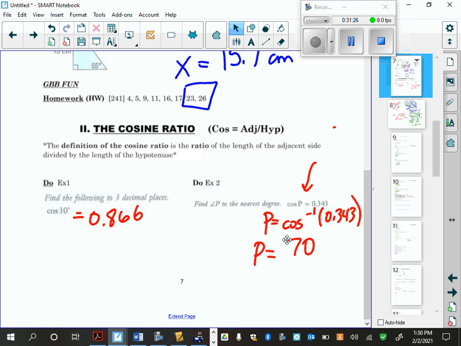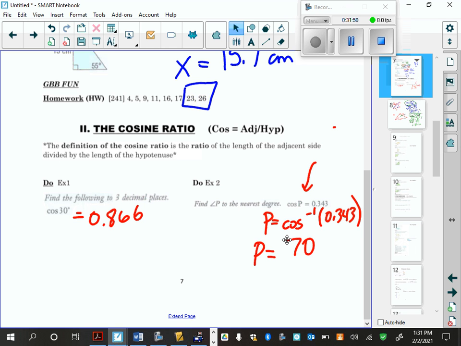All right, let's go to the next page. Come on, gals. Hurry up and write that down. If you didn't do it, you got it. Okay, example 3, next page.